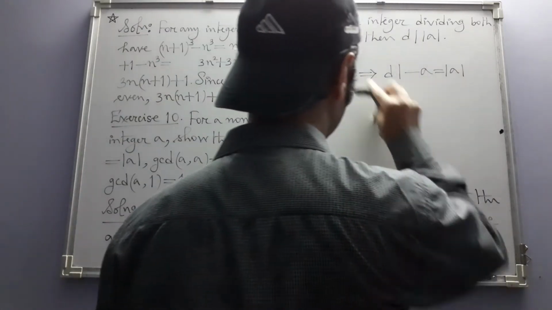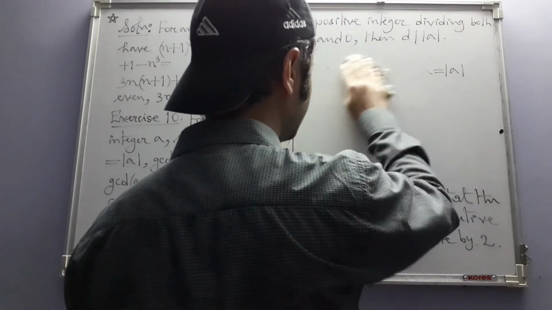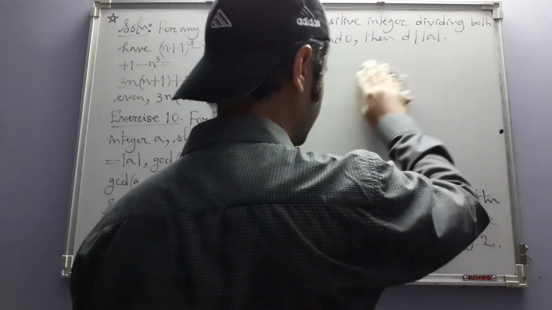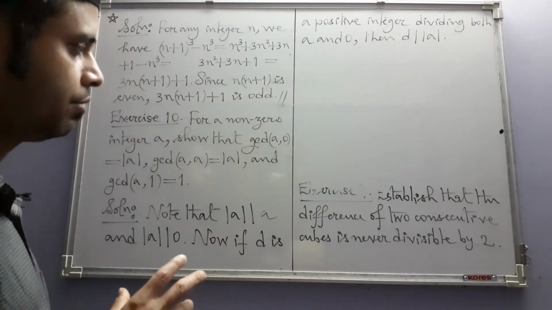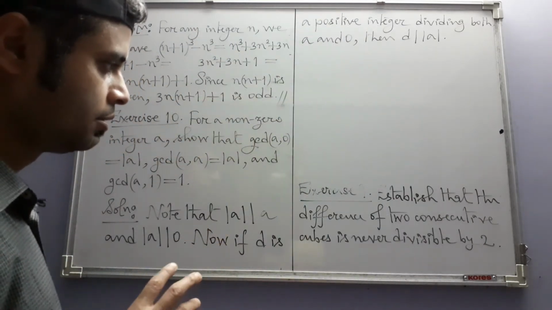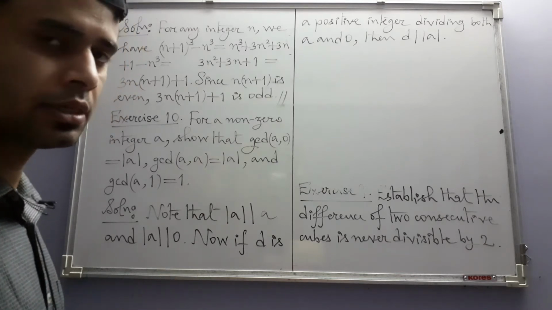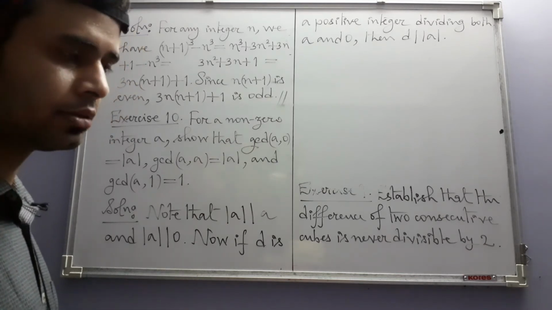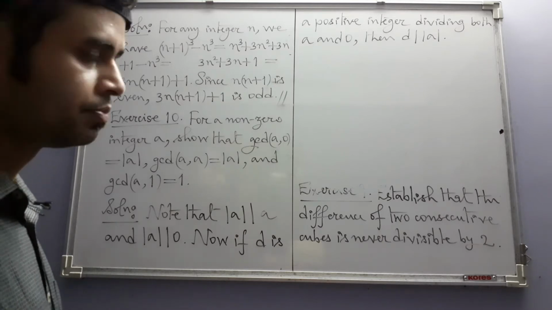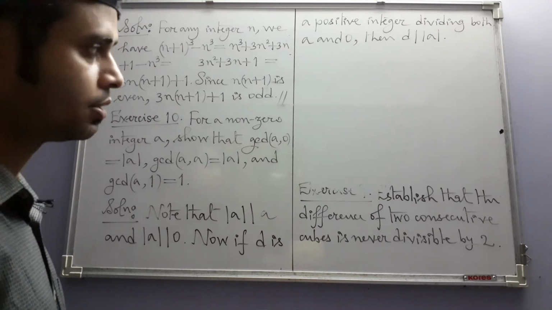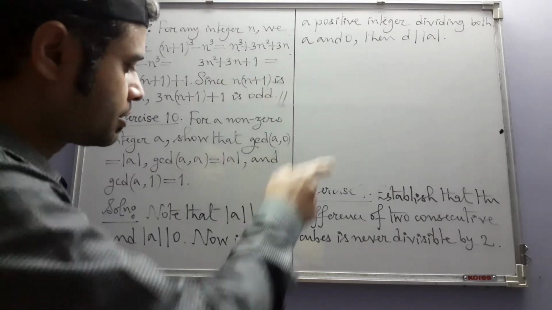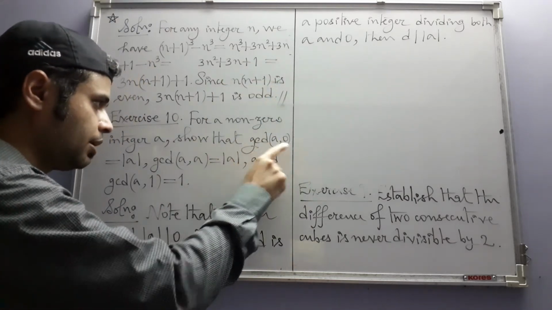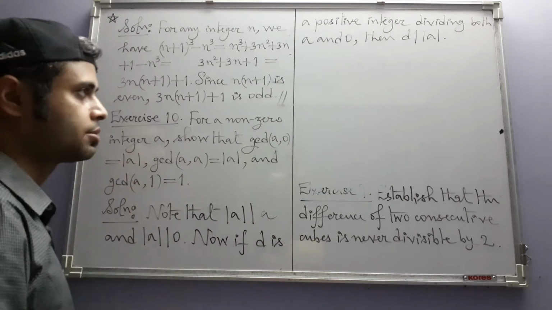Okay, so by the alternative definition, recall that towards the end of this section we were able to modify the definition of GCD slightly by replacing condition B with some other condition. By that modified definition, this tells us that the GCD of A and 0 is this.